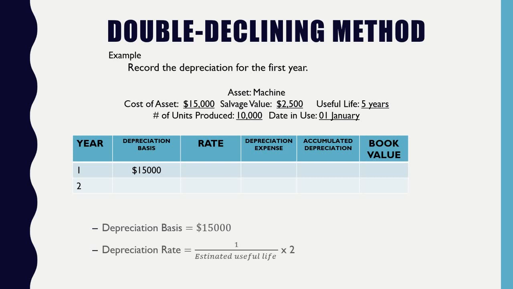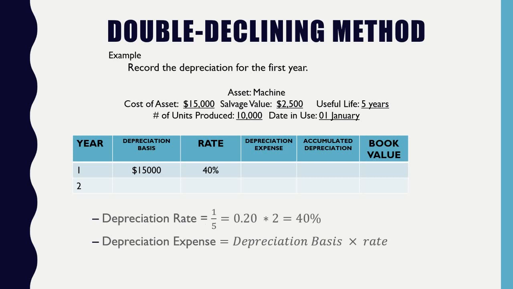It can last you 5 years, so 1 divided by 5 gives you 0.2, or 20%. Since you're going to multiply it by 2, it goes from 20% to 40%. That means you're going to depreciate the value of the asset by 40%, because it's going to depreciate twice as much.